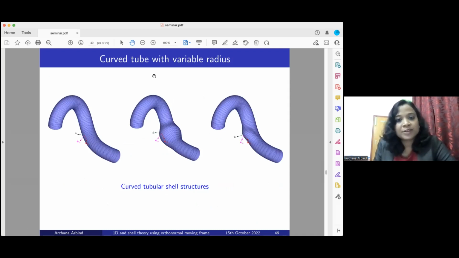So it can cover a variety of geometries, for example, a tube with constant radius, a tube where radius is varying with S, or radius is varying with S and theta both. So problems like aneurysm we can analyze, since that kind of geometry comes under this geometrical mapping system very well.